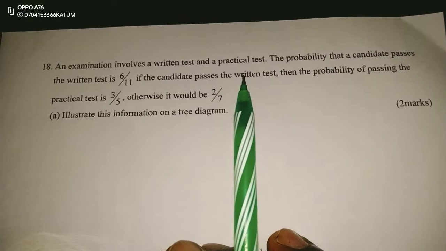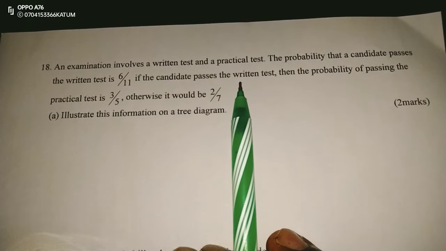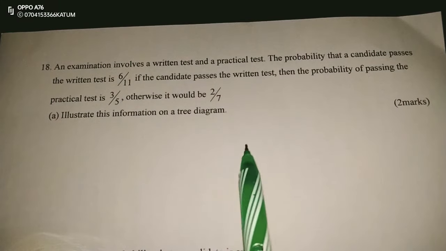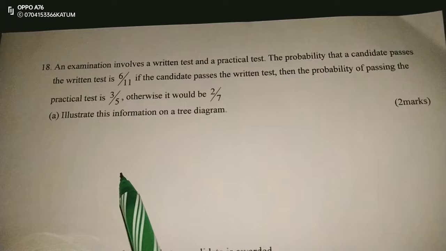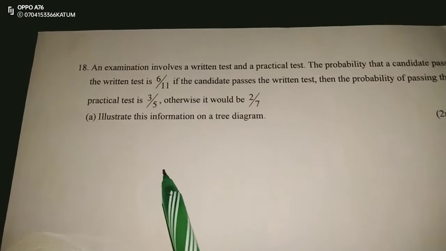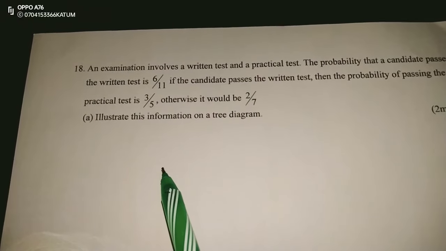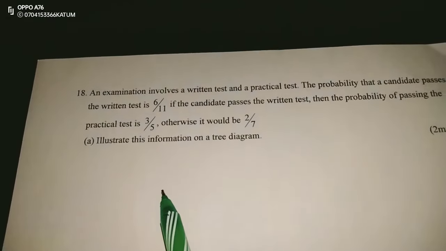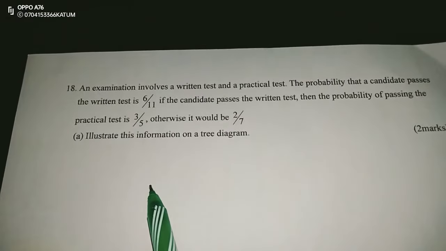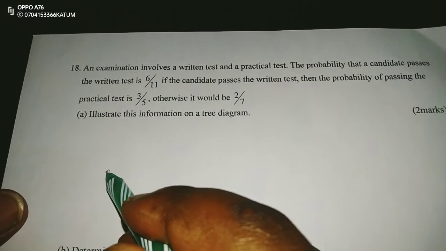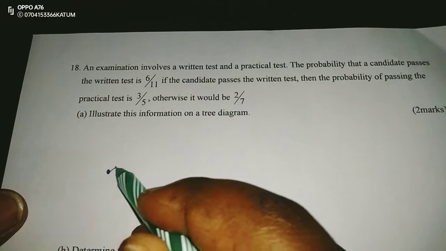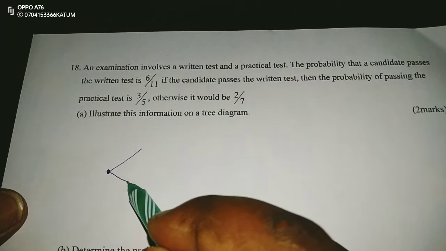So we have the passing of a practical and also the passing of a written test. And these are mutually exclusive events, because a student can still pass in a practical when he had not passed in the written test. Therefore, let me begin by saying we can use W for the written test.